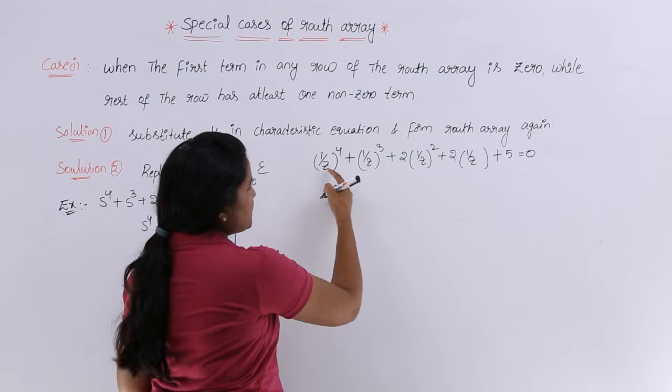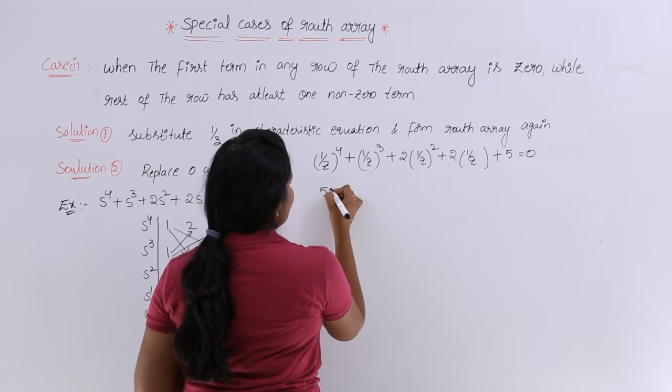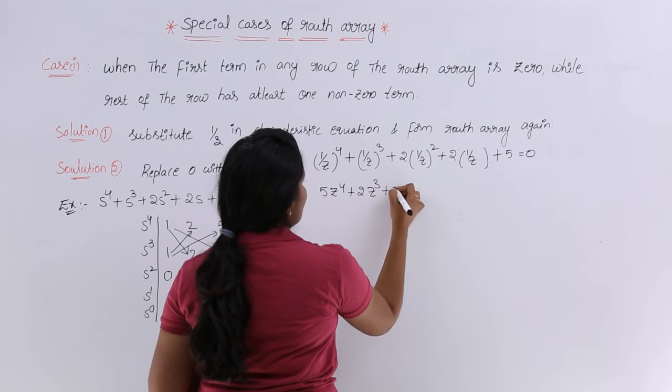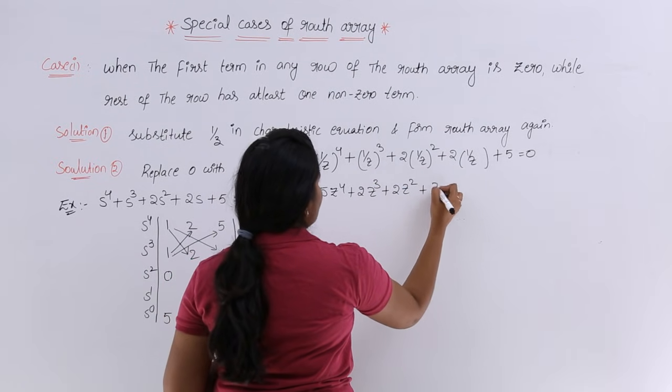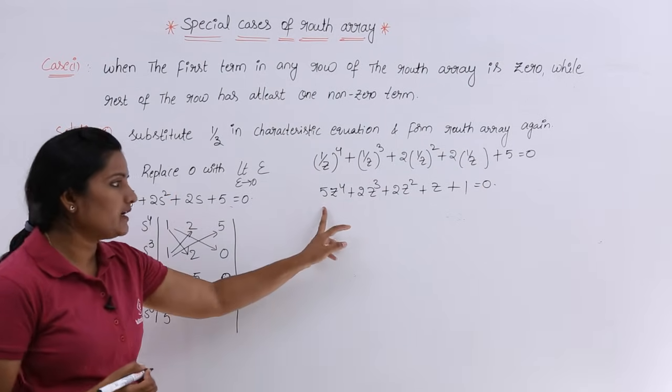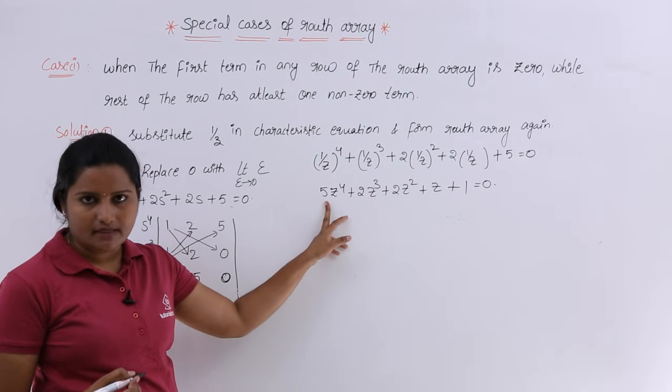Now cross multiply: 5z power 4 plus 2z cube plus 2z square plus z plus 1 is equivalent to 0. This is the modified characteristic equation in terms of z.